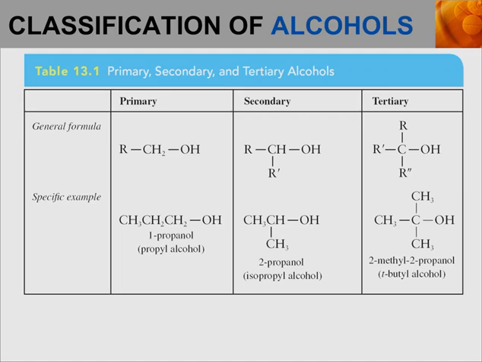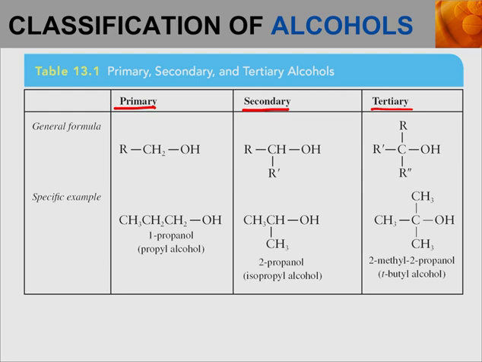Hello, in this video we're going to go over the classification of alcohols as well as their physical properties. We can classify alcohols into three categories: primary, secondary, and tertiary. These categories depend on the carbon that the OH is bonded to.